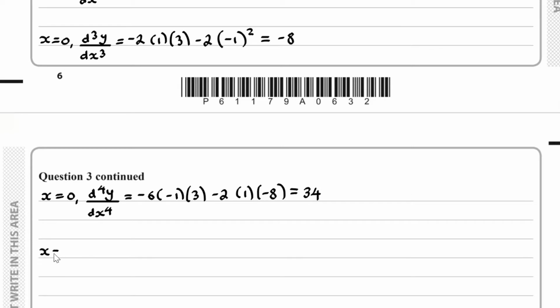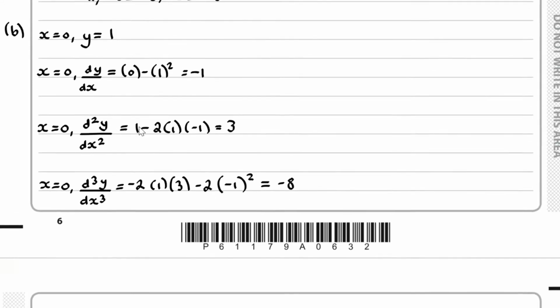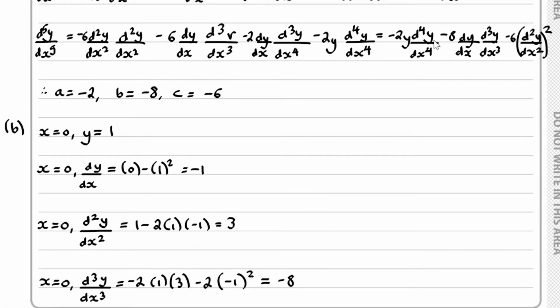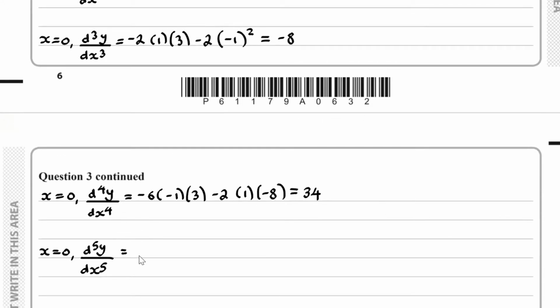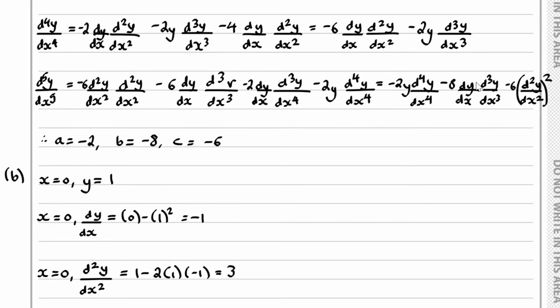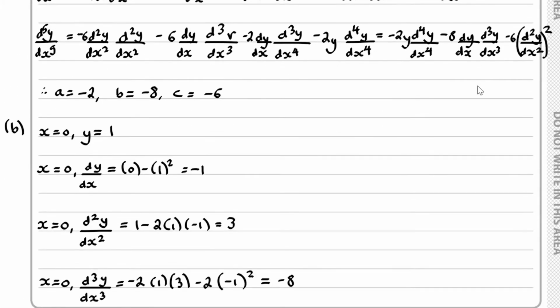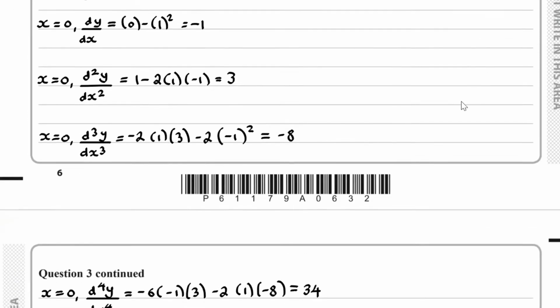Next, when x is equal to 0, the fifth derivative, that's equal to, if you look over here, minus 2y times the fourth derivative. So we have minus 2 lots of 1 times the fourth derivative. And then we have minus 8 lots of y dash times y triple dash.